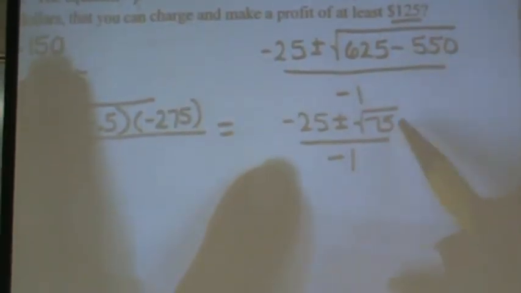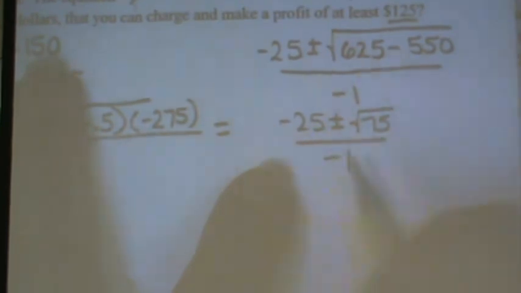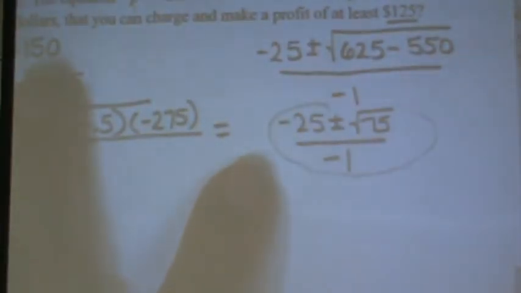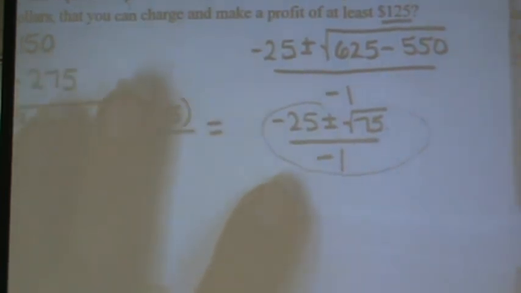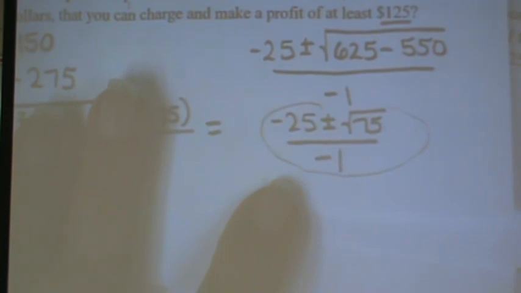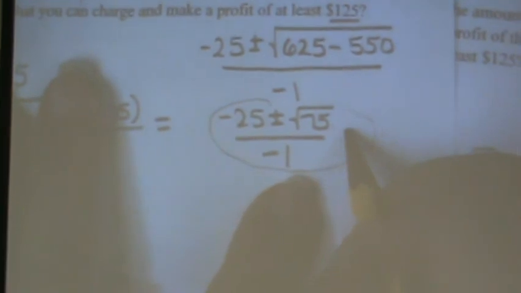Well, we want to convert that to a decimal, or actually solve these two. Let's figure out how much we should charge for each packet of seeds to earn the profit of at least $125. So we're going to do negative 25 plus the square root. Let's try the square root one first, the positive one. Square root of 75, and then we're going to divide that by negative 1. Here's the calculator.